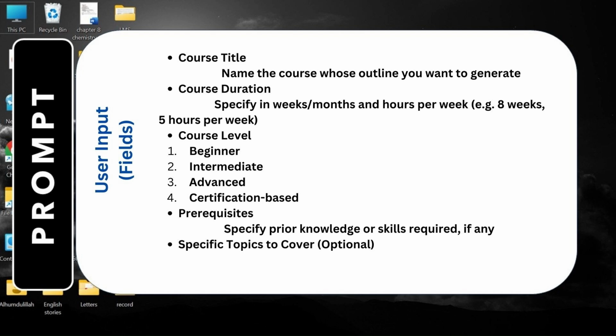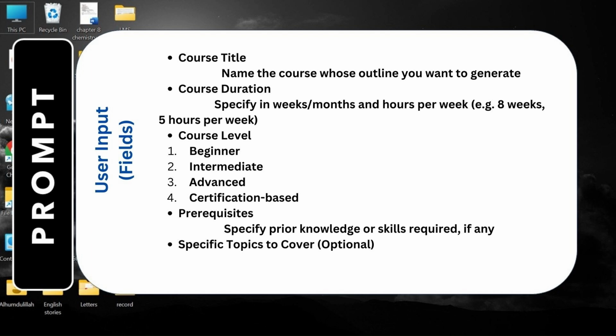And lastly, we have specific topics to cover, and this is optional. The user can add some recommendations and some specific topics that must be present in the course outline. So these are all the fields. We will add all this data into the field option. So this is our prompt.